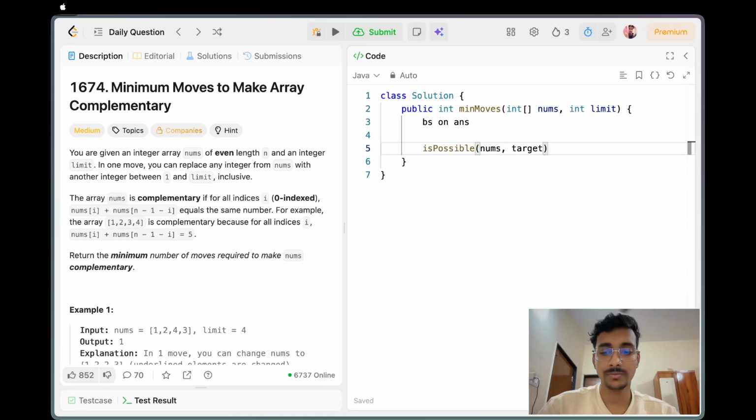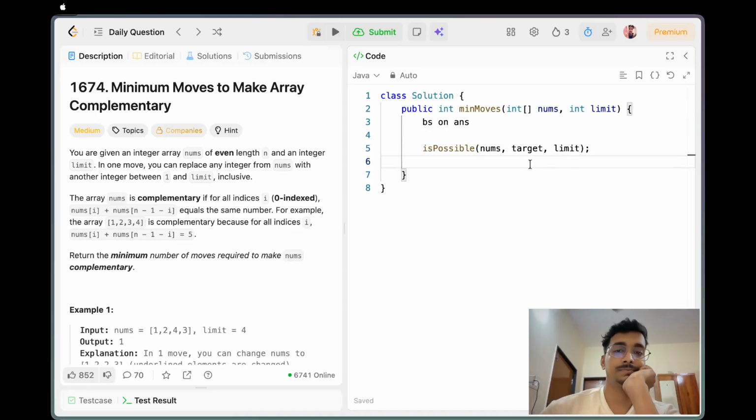I will also pass the limit to use that value. Hmm, I don't think limit is needed.